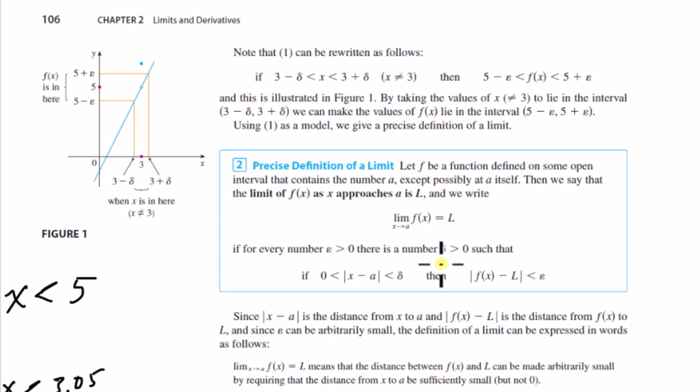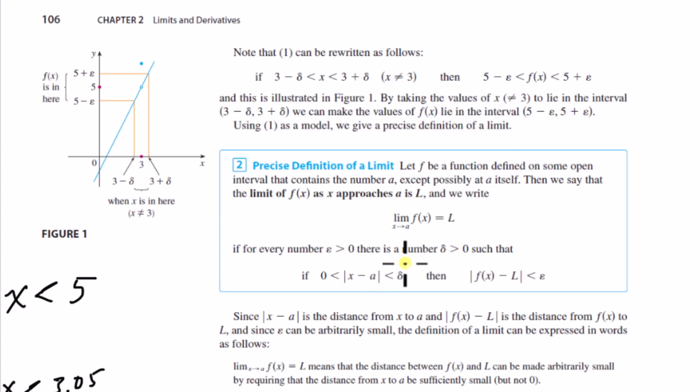But the key is for the limit to exist and be equal to some finite single value L, with this first restriction in place, this inequality also needs to hold at the same time. If that happens, then this limit statement is true.